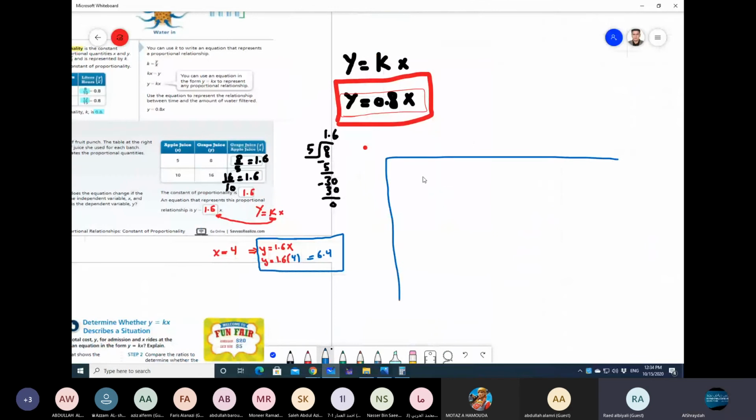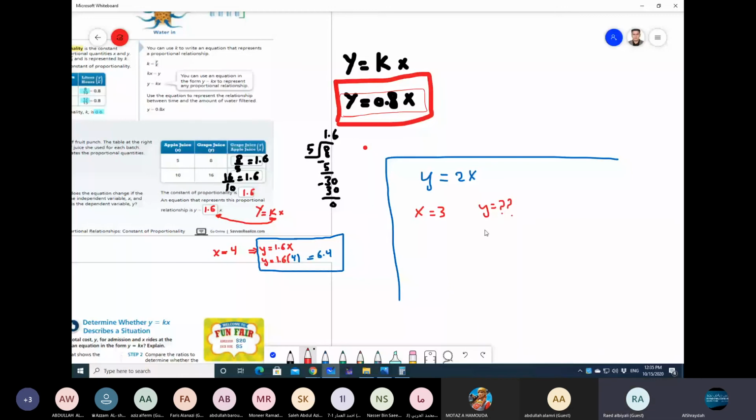Okay, if I told you y equals 2x, and let x equal 3, what will be the value of y? Here y equals 2x.